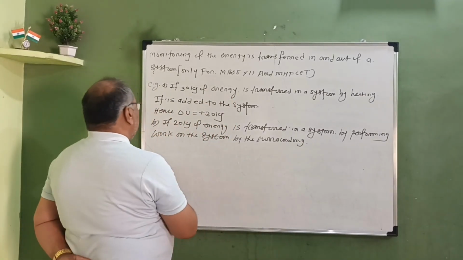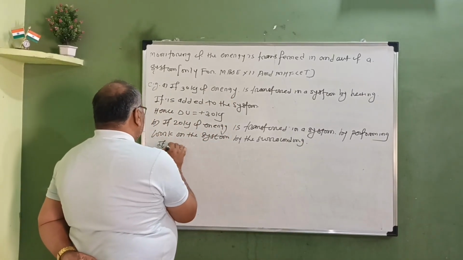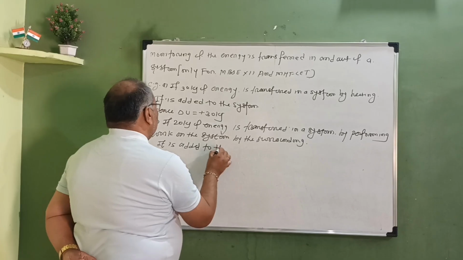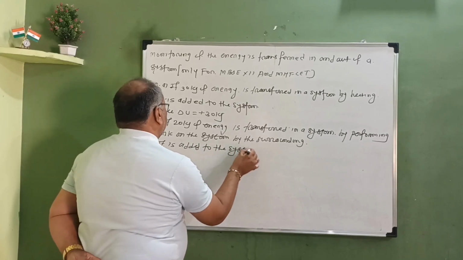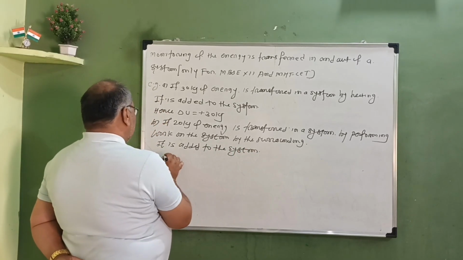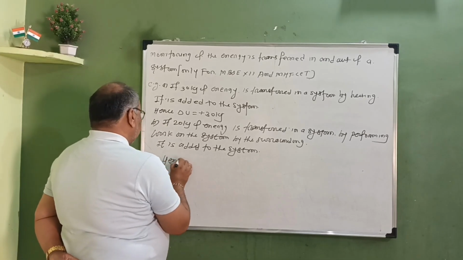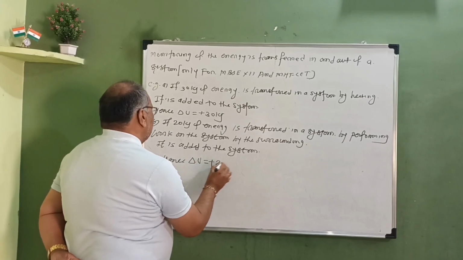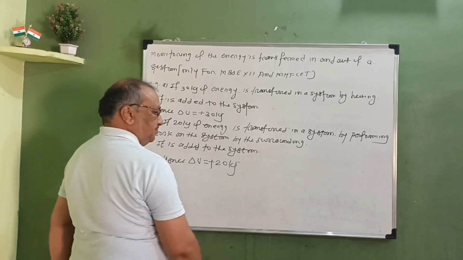Hence, that means it is added to the system, and hence here delta U equal to plus 20 kilojoule.